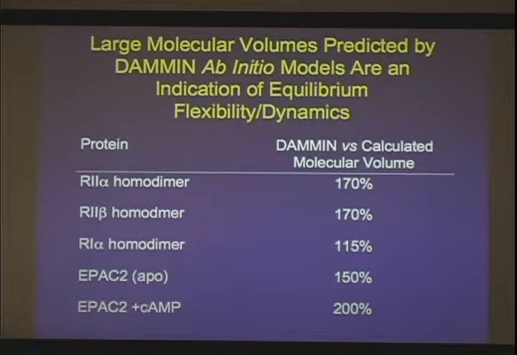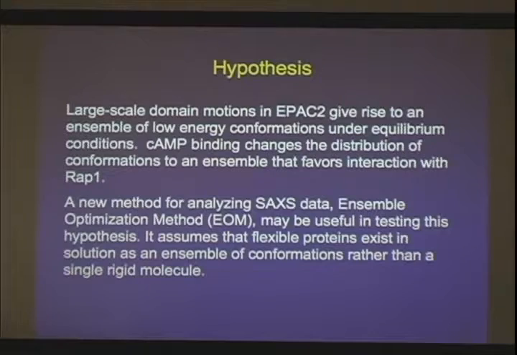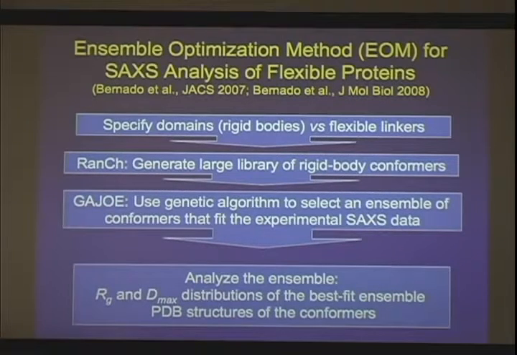What I'd like to point out is that the volume is even larger, and so we used a technique called the Ensemble Optimization Method, which is a relatively new method for looking at flexible proteins. The reason I would like to talk about this is I think there might be some interest in using this approach for more small angle scattering, but there are some important reasons for looking at this more carefully by computational experts.